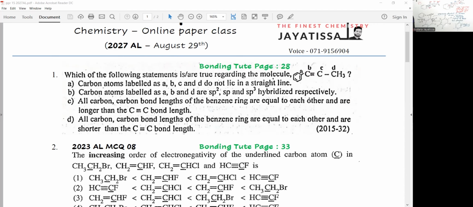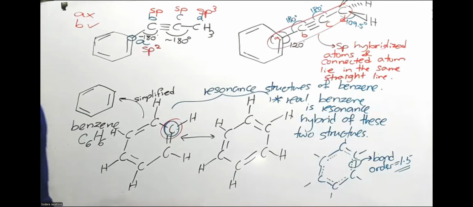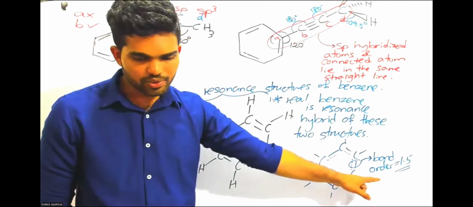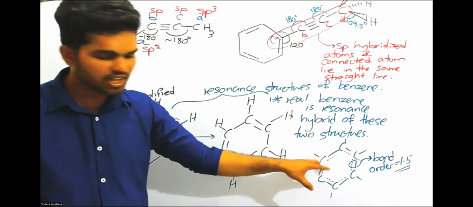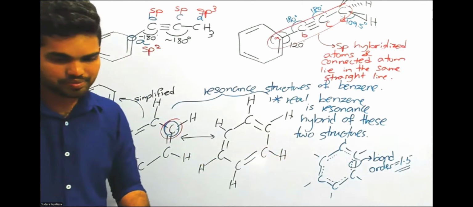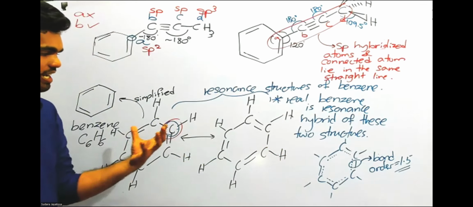All carbon-carbon bond lengths of the benzene ring are equal to each other and are longer than the CC triple bond. So what do you think? All carbon bonds in benzene are equal. So that part is correct. You can see all carbon atoms of benzene are actually equal because of this hybrid theory. Understand? Real benzene is a hybrid of these two.